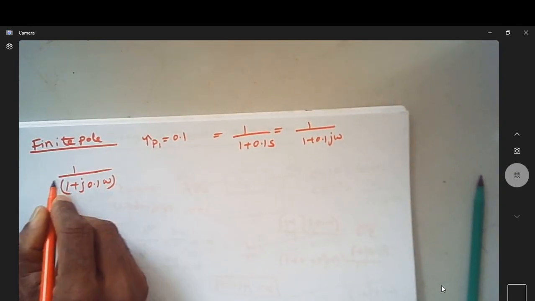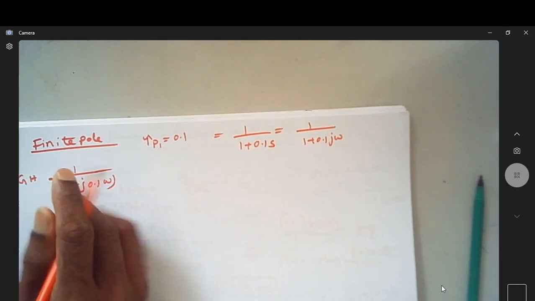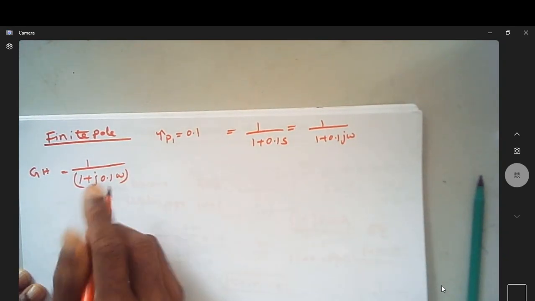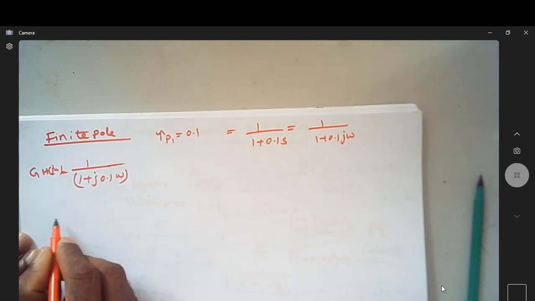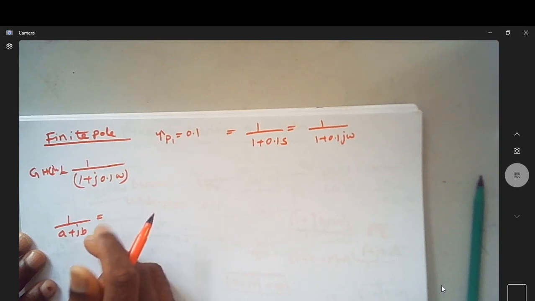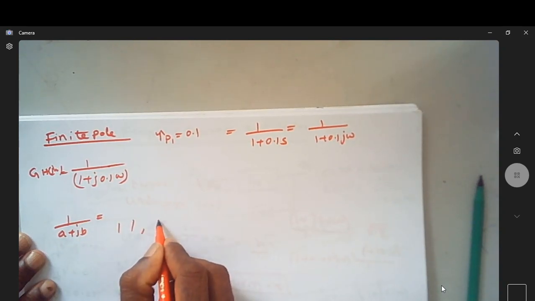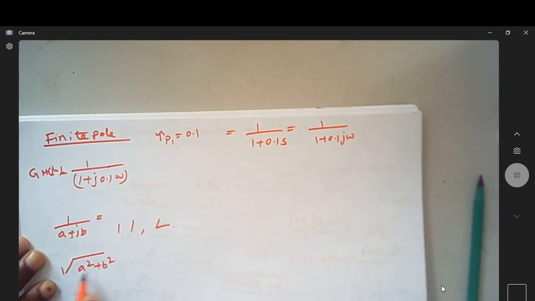Now, assume that this itself is G into H. It has got only one pole at the origin. So now this is j omega. Suppose if I have it as a plus jb, does this have both magnitude as well as the phase? So what is the magnitude of this term? Is it not under root of a square plus b square?